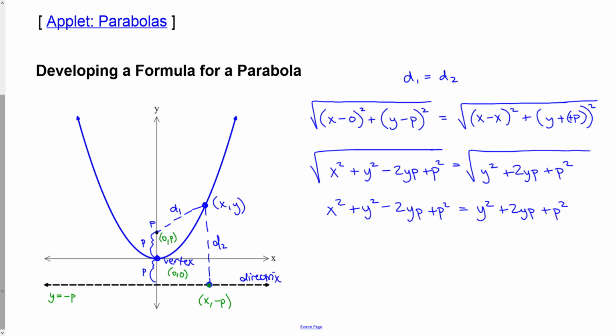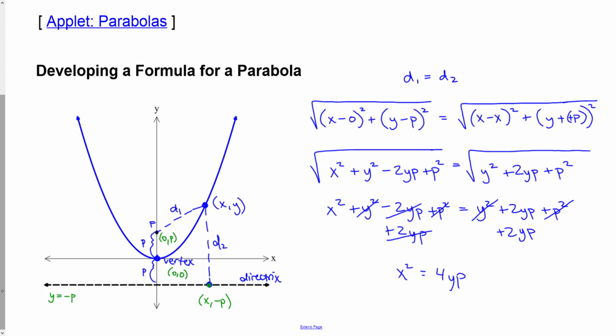So if I subtract p squared from both sides, they're going to cancel. If I subtract y squared from both sides, they're going to cancel. Now, the 2yp's will not cancel because they're opposite in sign. So let's say I add 2yp to both sides. Then I end up canceling it here, and I get x squared equals 4yp. Sorry, I wrote 2, but it's 4yp.